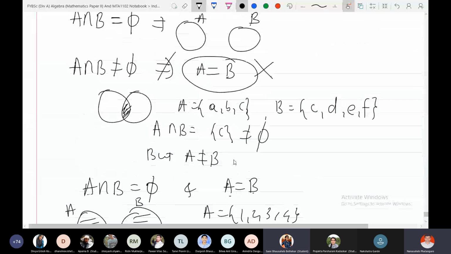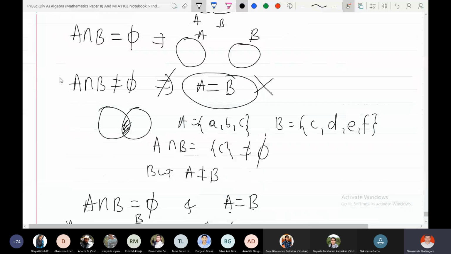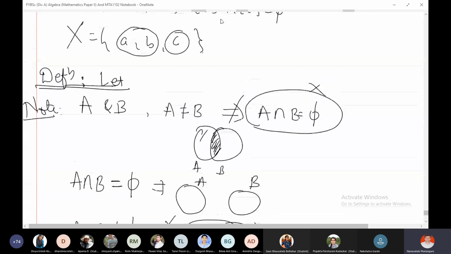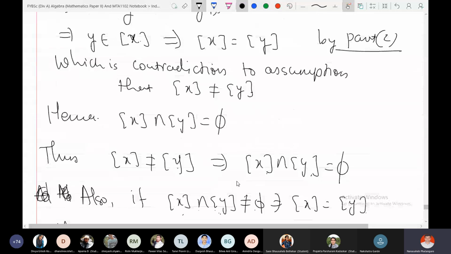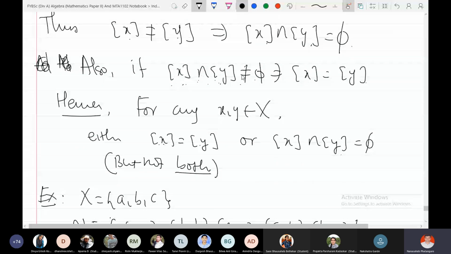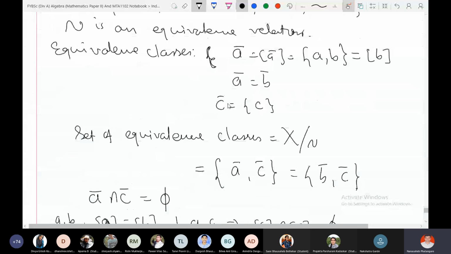So my point is that if the intersection is non-empty, that means if two sets overlap with each other, it doesn't mean that the sets are equal. But in case of classes, if two classes are not disjoint, meaning there is something overlapping, then the classes are exactly the same.